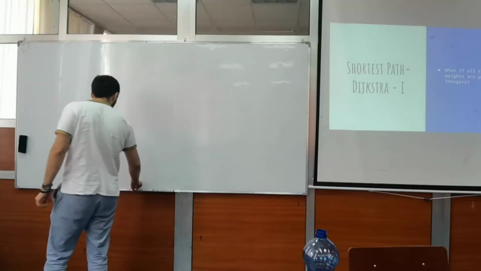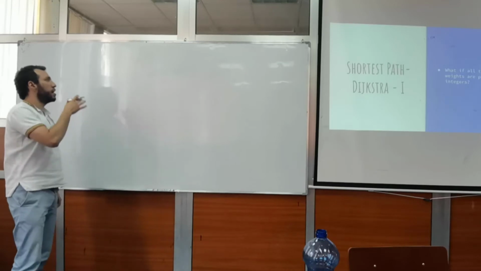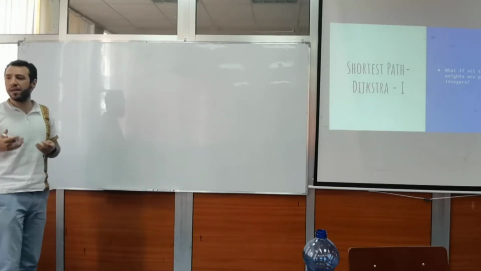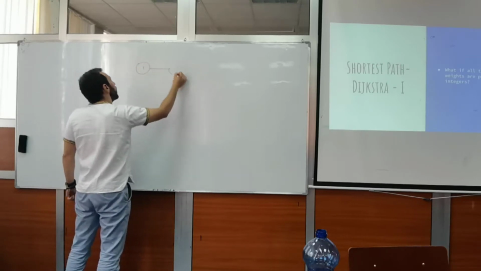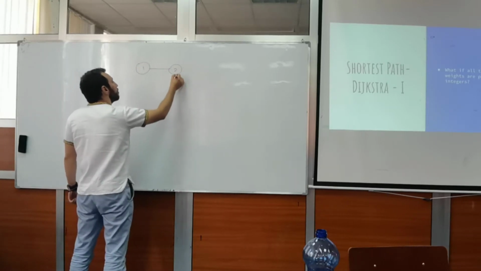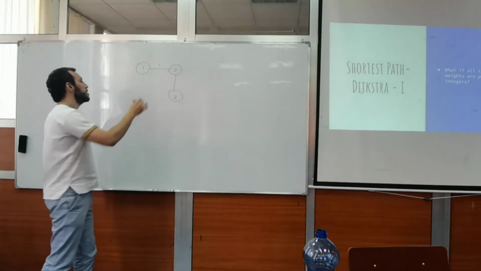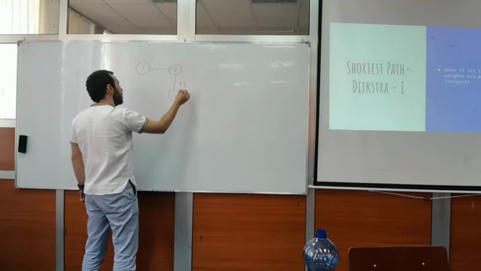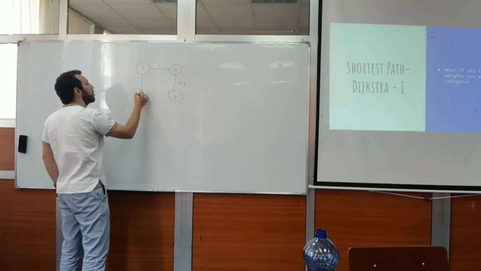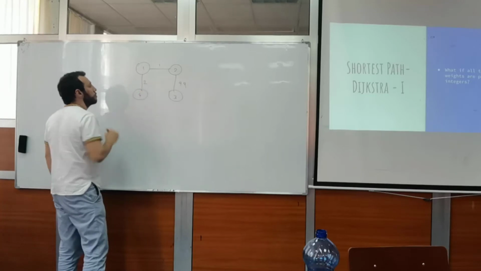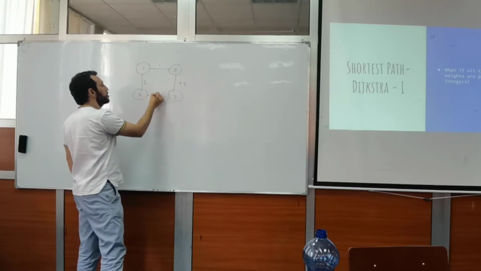So let's try to come up with a graph in which BFS, with the first path, is not going to give us the shortest distance. Let's say we have 1, and then we have 2 here, and then we have 3 here, and this edge weight is 1, and this edge weight is 99, and from 1 to 4, there is an edge of weight 2, and from 4 to 3, there is an edge of weight 3.